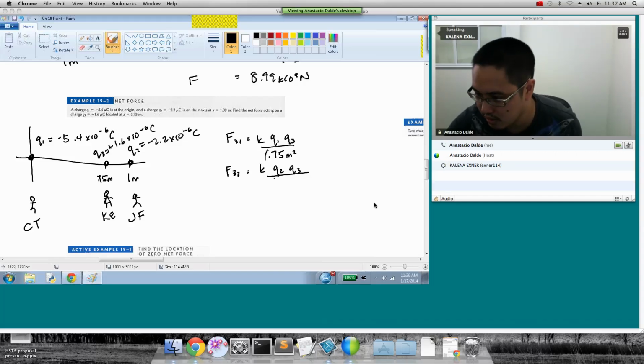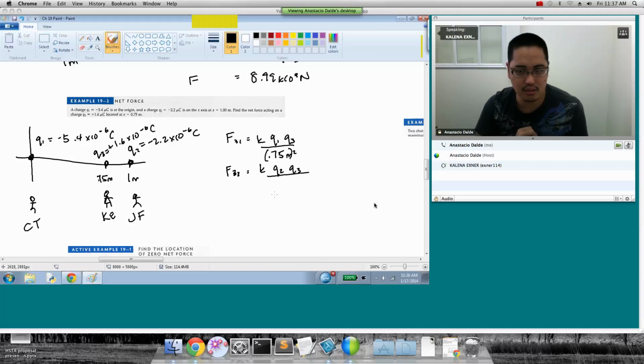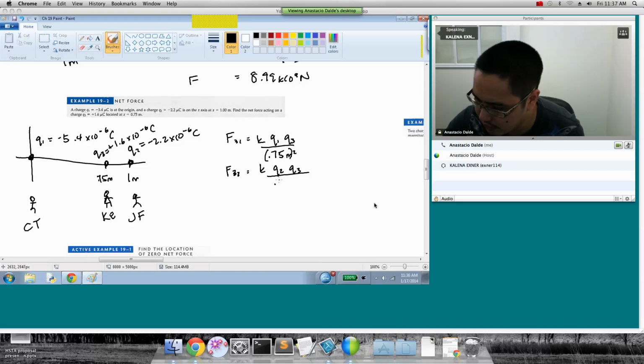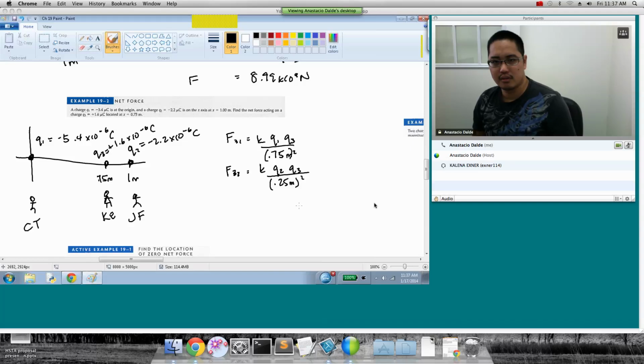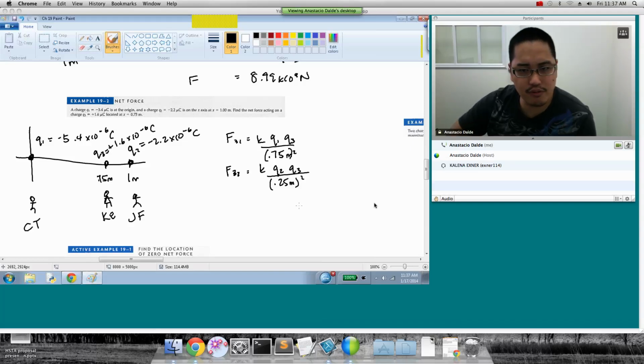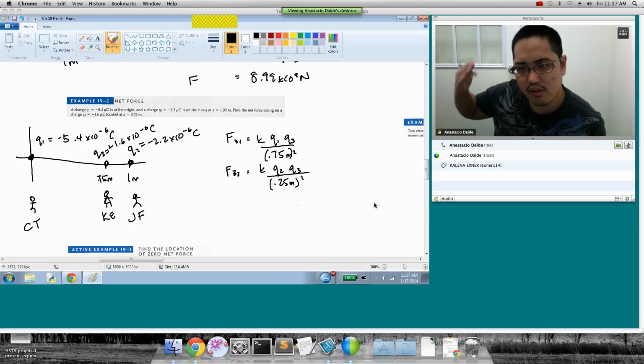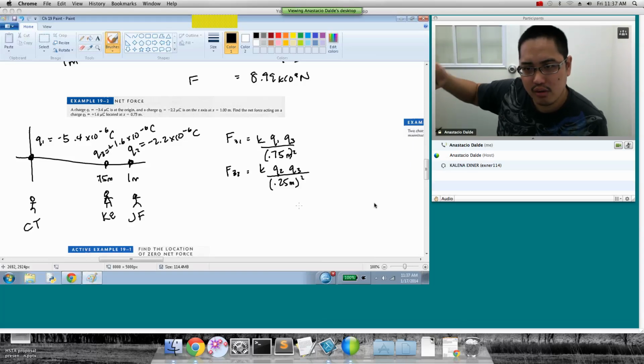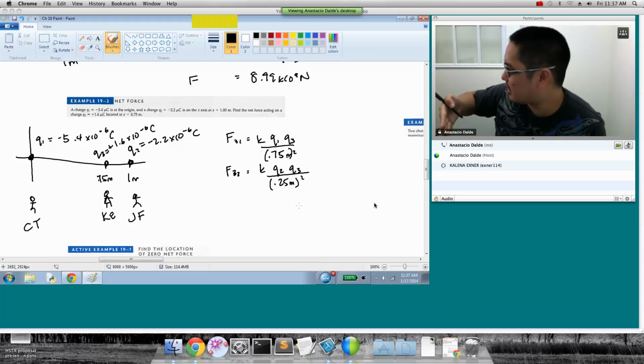And by the way, this would be 0.25. Why 0.25? Do you understand why it's 0.25, Kalena? Because James Franco is standing at 1 meter and you're at 3/4 of a meter. So the distance between you and him is actually only a 1/4 meter.